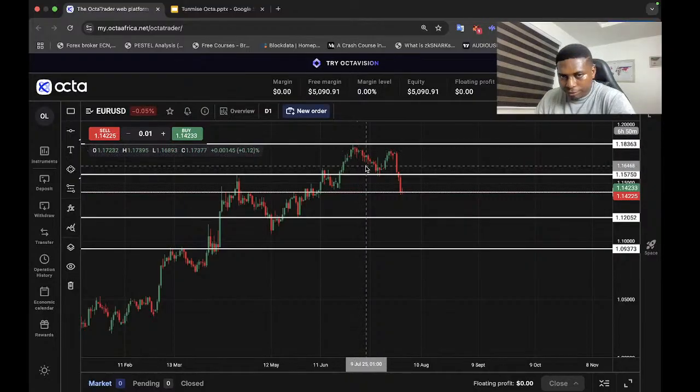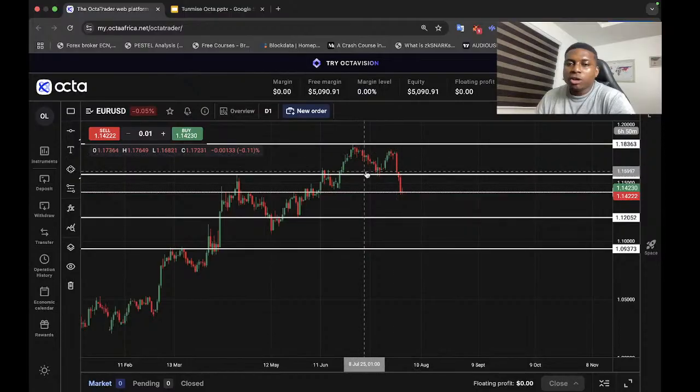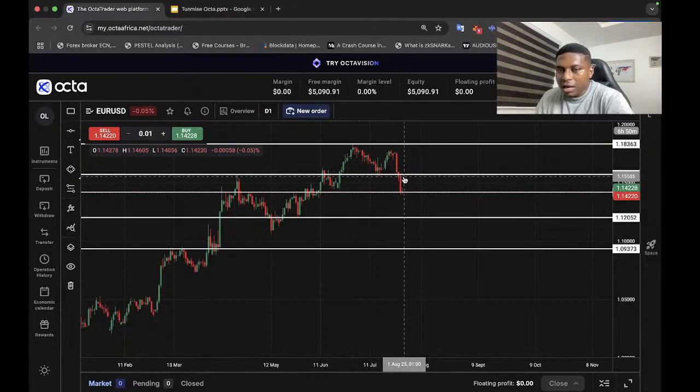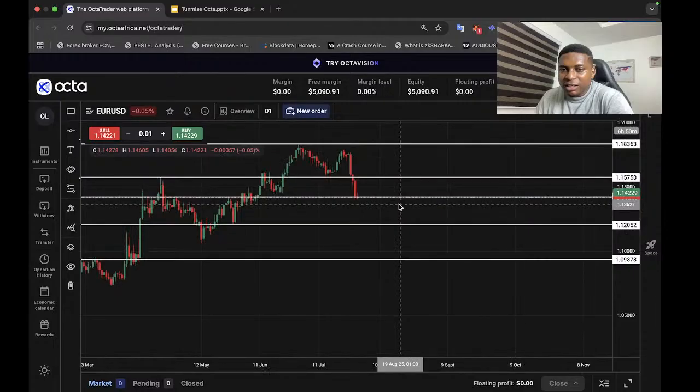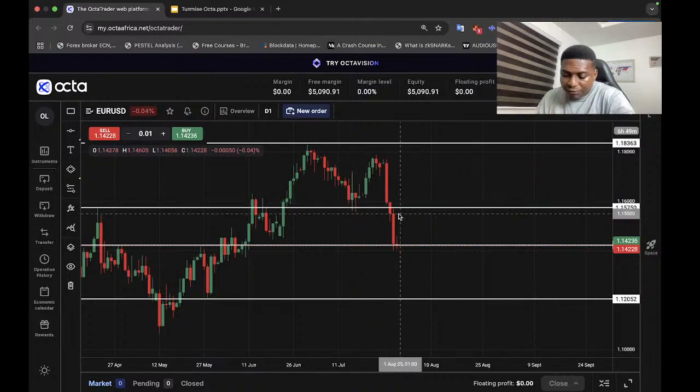This is the daily time frame now. Price got pushed back down to this level, stopped at this level, went up a bit, and finally the support zone could not hold it any longer. We can now see a clear breakout of this support zone, which had previously held price from breaking down further.